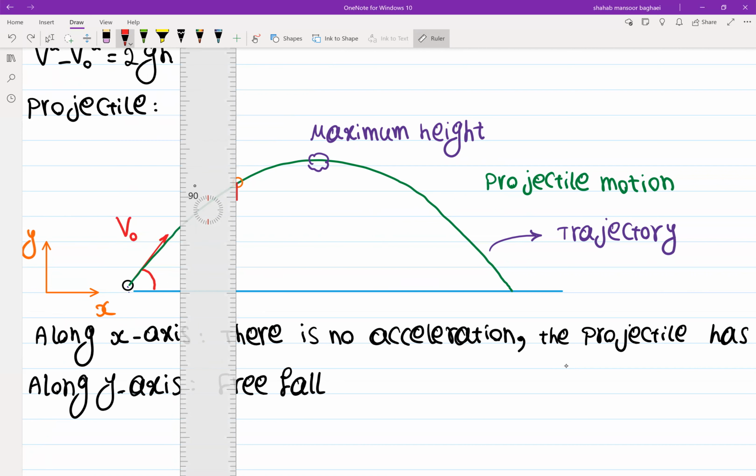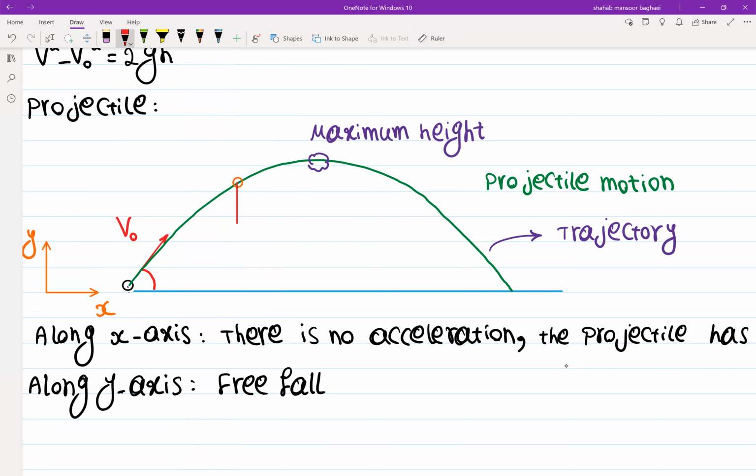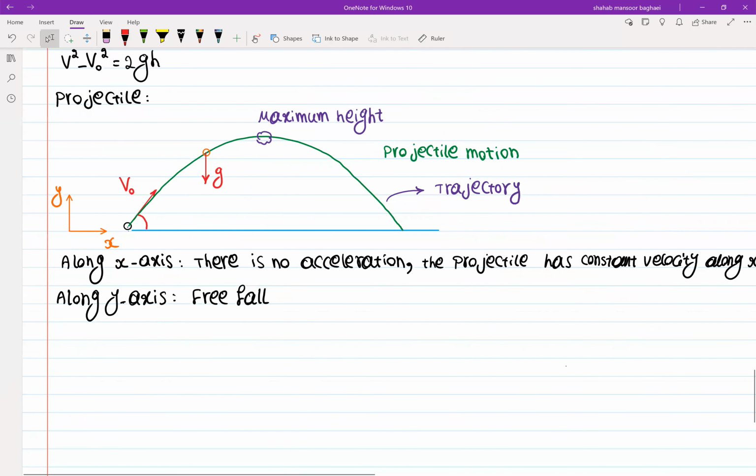This is the direction of acceleration or gravity, g. And you know it is along the y-axis. Consequently, projectile is a kind of accelerated motion. It's very important. Thank you.